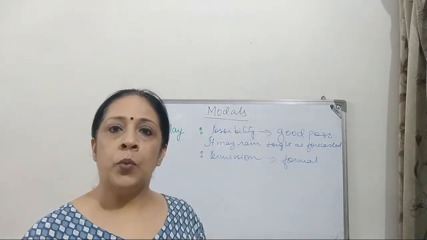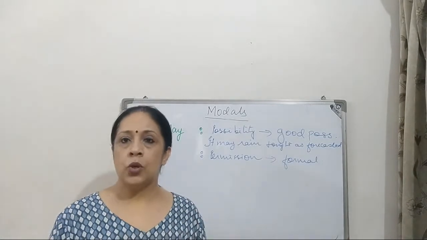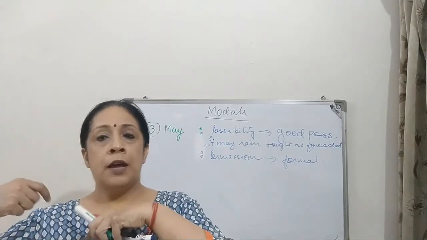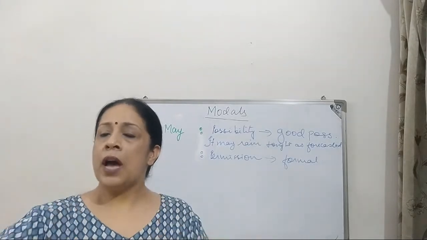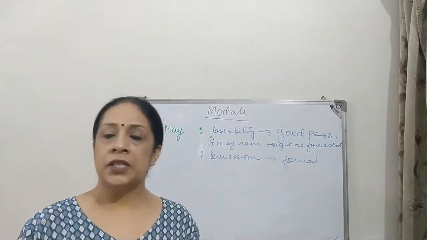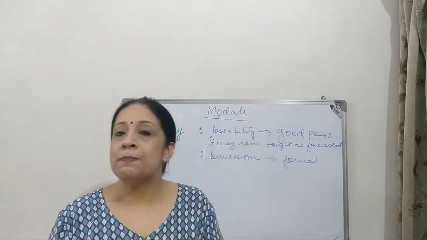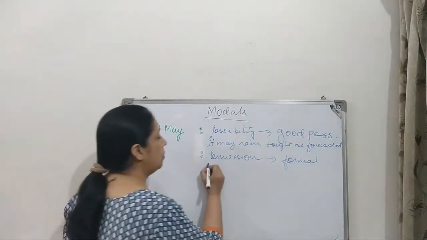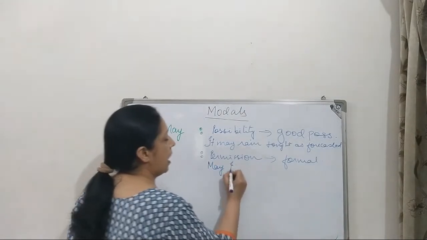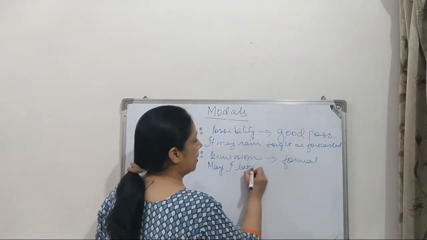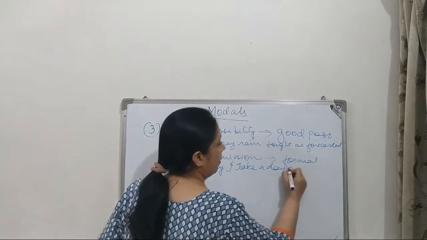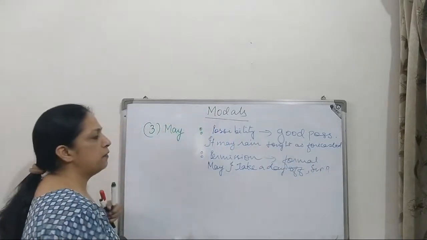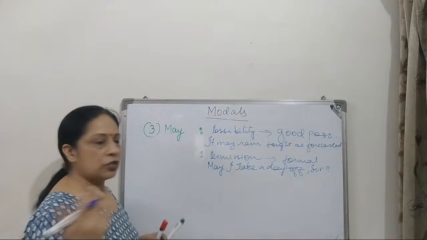May I skip overtime today, sir? Yes. So if you are taking some permission, a formal permission from your teacher, from your principal, your boss, or anyone who is at a higher authority than you, and you want to show respect. Alright, there we take a formal permission. So as you all have written, may I take a day off, sir? Something similar was written by Anubhav. Skip overtime or something was there.